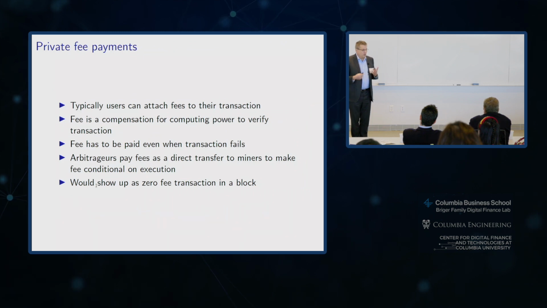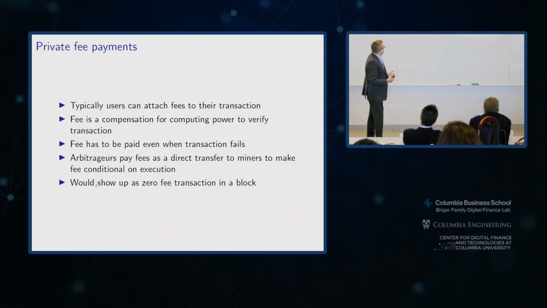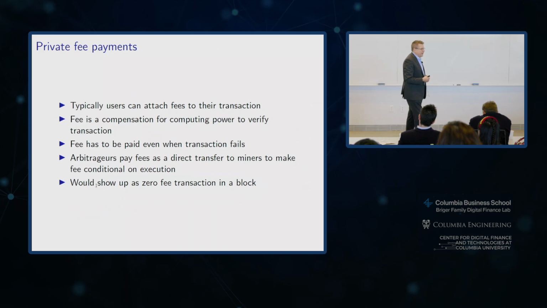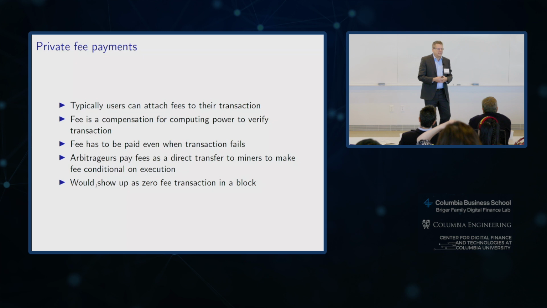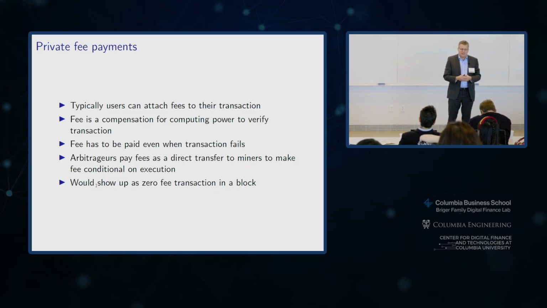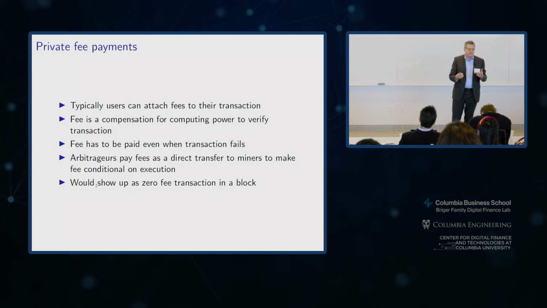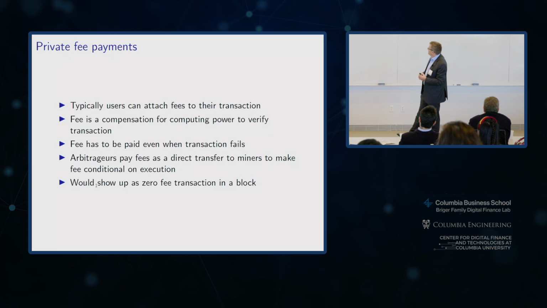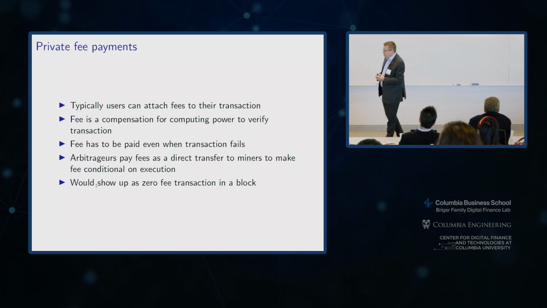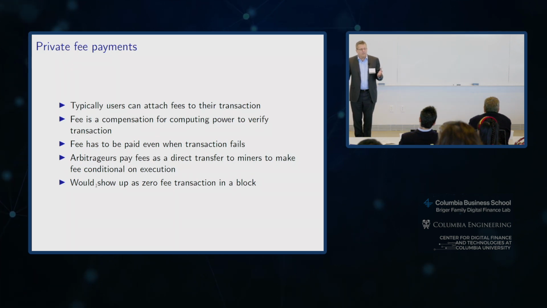When we look at fee payments in these private markets, it's a little bit different. Typically in an Ethereum transaction, you can attach a fee to your transaction, and that fee goes to the miner when the transaction gets included in the block, as compensation for the computational effort that the miner has. But the problem with this model is that the fee is also due even if your transaction fails.